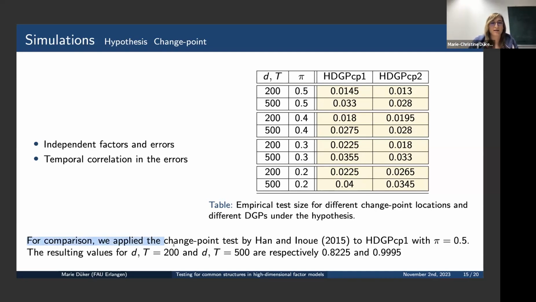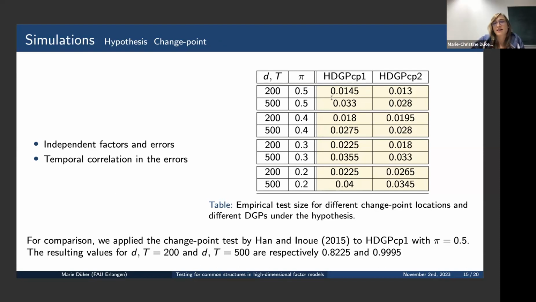And here I did kind of like a sanity check. I applied the change point test by Han and Inouye to the first one, where there is no change, but with 0.5. And one can see that the change point test by Han and Inouye rejects, because what I did here is I simulated those data by implementing a rotational change.